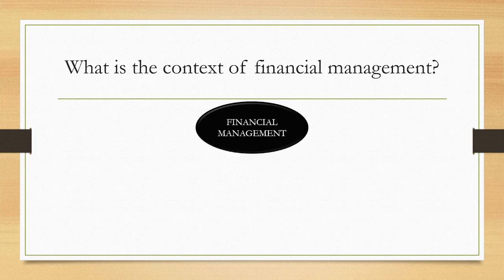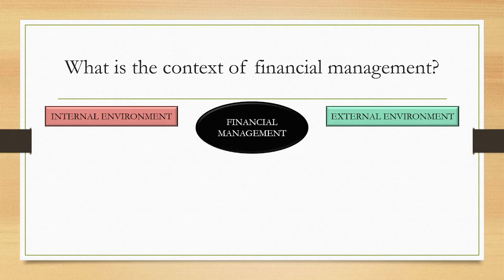If we look at the context in which the financial manager operates, we see there is both an internal and external environment to be considered. When considering these environments, we see the importance of that fundamental knowledge from our previous slide.